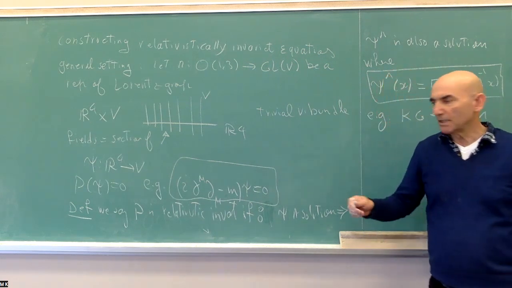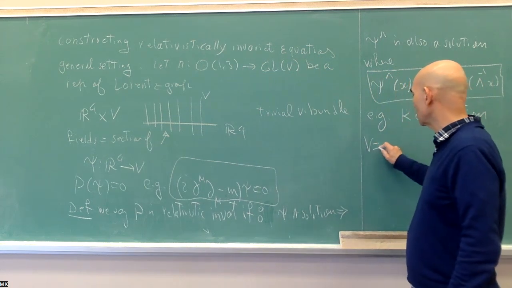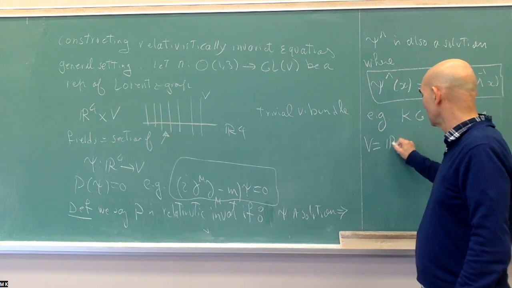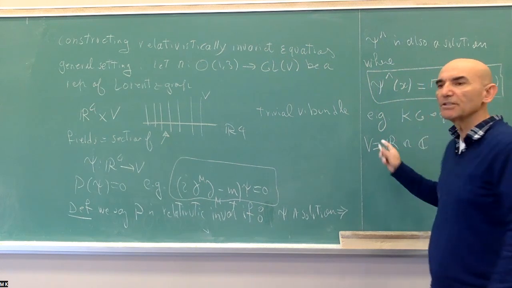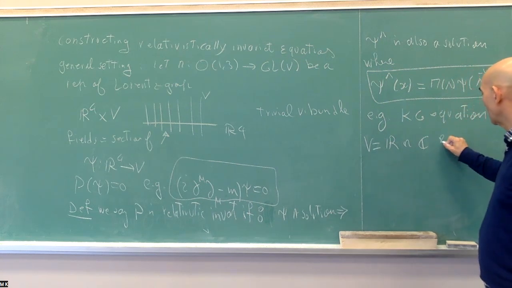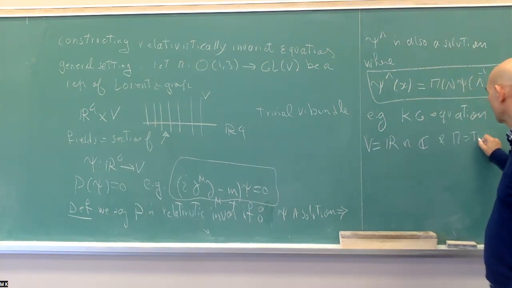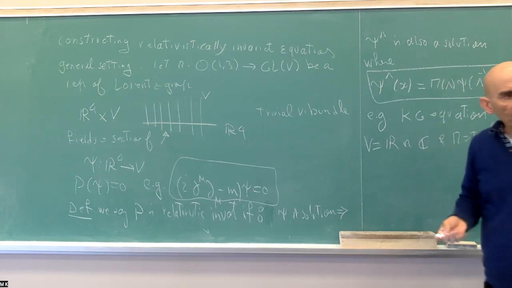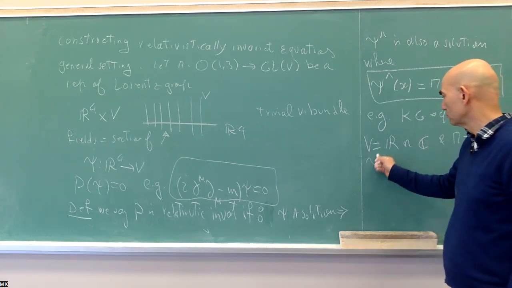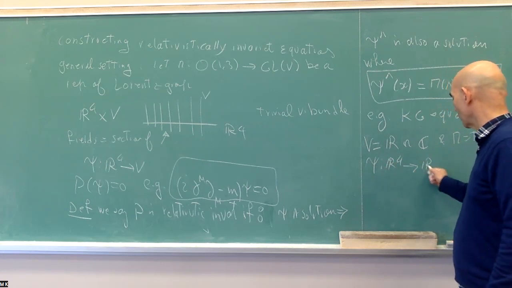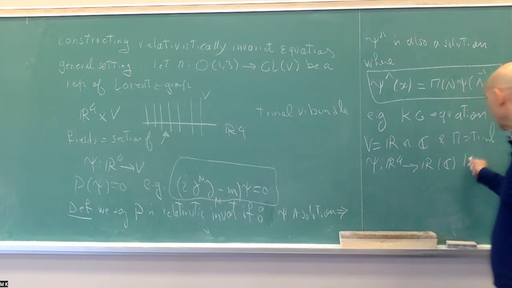Well, what is V? In this case, V is equal to, actually, you can say R or C, and a trivial representation. And pi is trivial, so it's doing nothing. So what are the fields? Fields are just Klein-Gordon fields going to R or C. So these are KG fields, right?